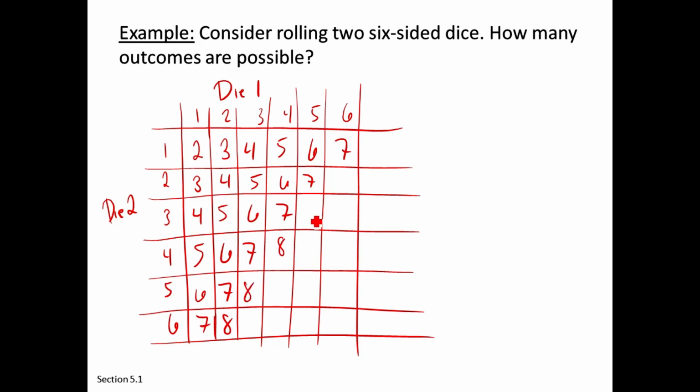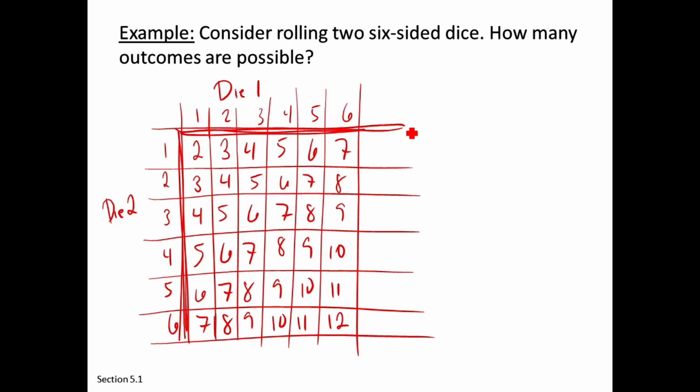Eights down this diagonal, 9s down this one. 11s down this one. Finally, if you roll a 6 and a 6, you get a 12. So outside is the result of the actual dice, and inside, these are all sums. So there's 36 ways that you can roll 2 dice.